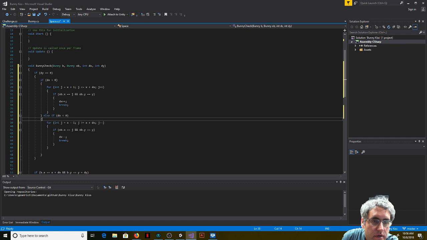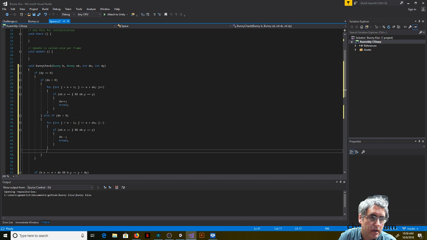J is greater than or equal to x minus dx, j minus minus, so we're going up, bouncing up, and we're bouncing down, and if we ever find somebody in the middle, there's only going to be one thing, and so we can knock it out and break.